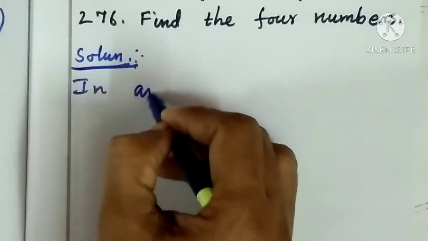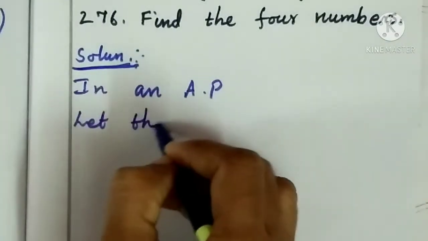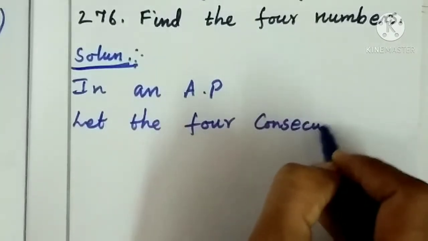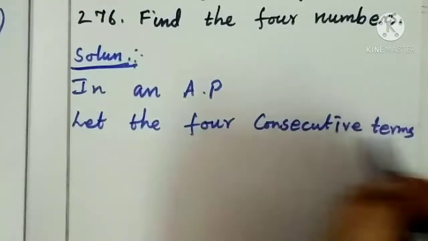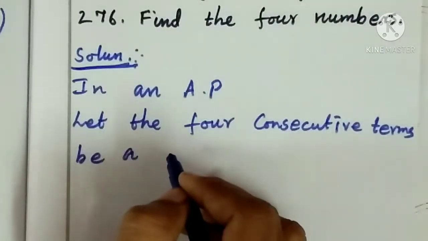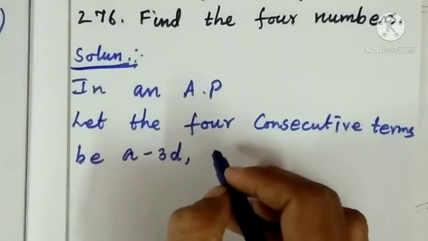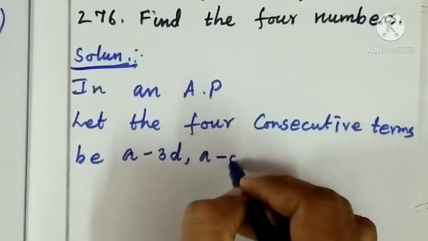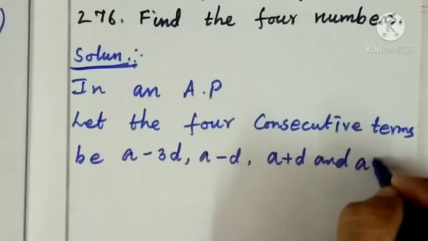In an AP, let the 4 consecutive terms be a minus 3d, a minus d, a plus d, and a plus 3d.